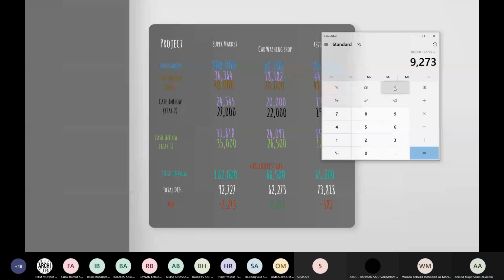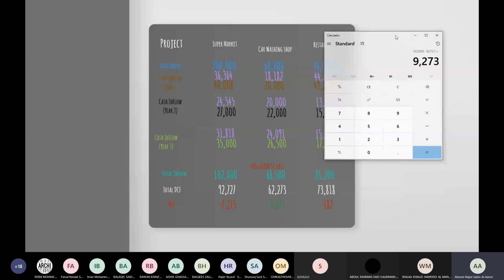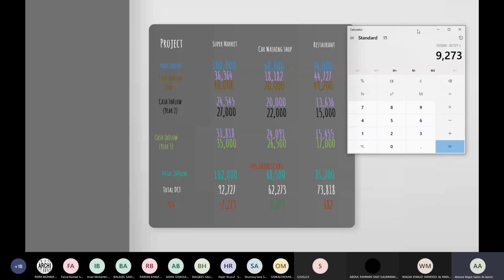Yeah, there are mistakes with the numbers here.